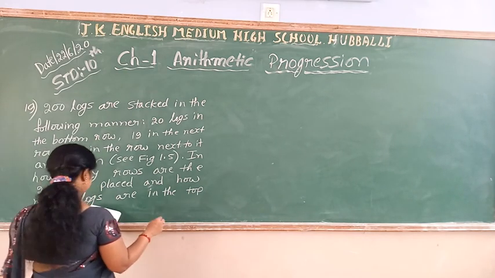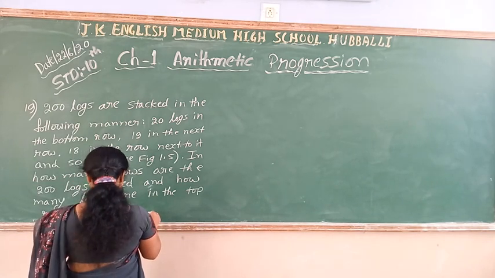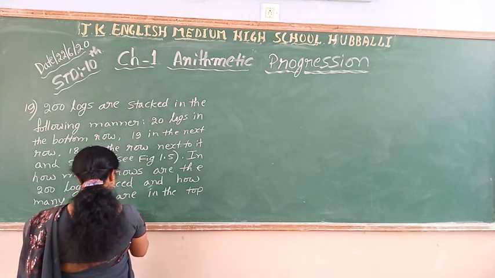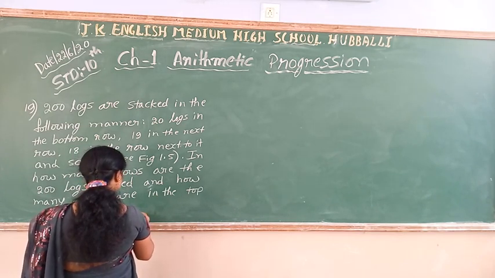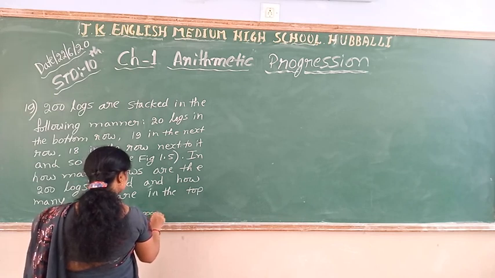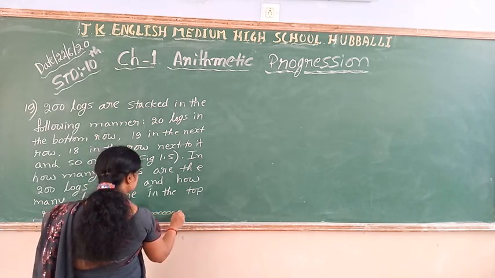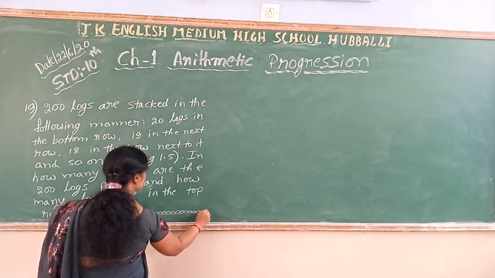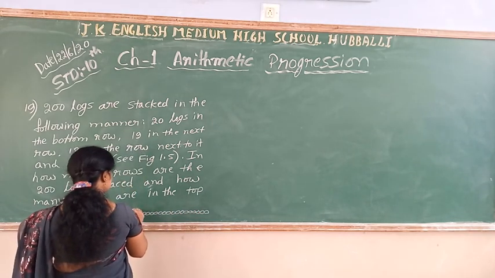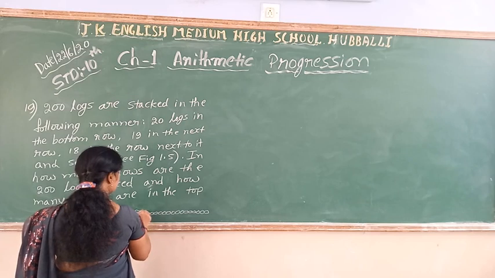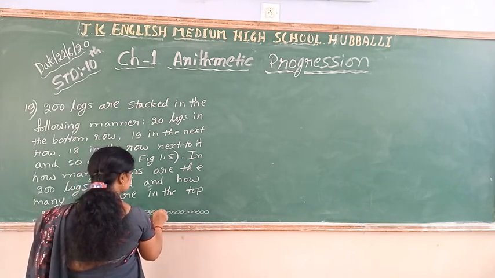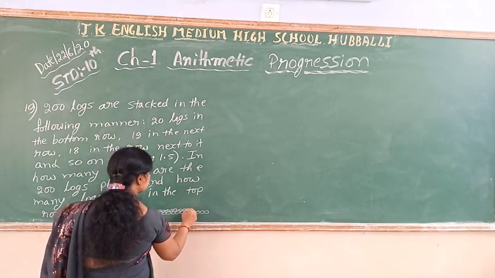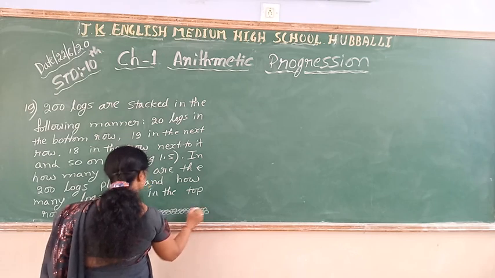They gave the diagram. They have arranged the logs. First how many? 20. So 1, 2, 3, 4, 5, 6, 7, 8, 9, 10, 11, 12, 13, 14, 15, 16, 17, 18, 19, 20. Then one less: 1, 2, 3, up to 19.